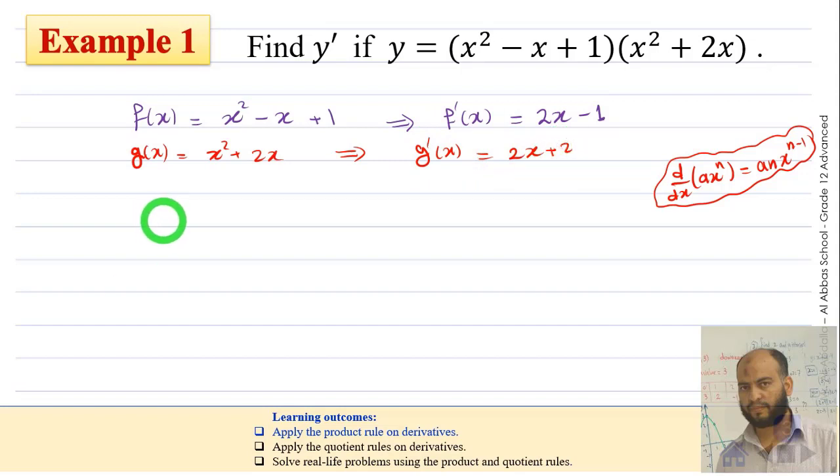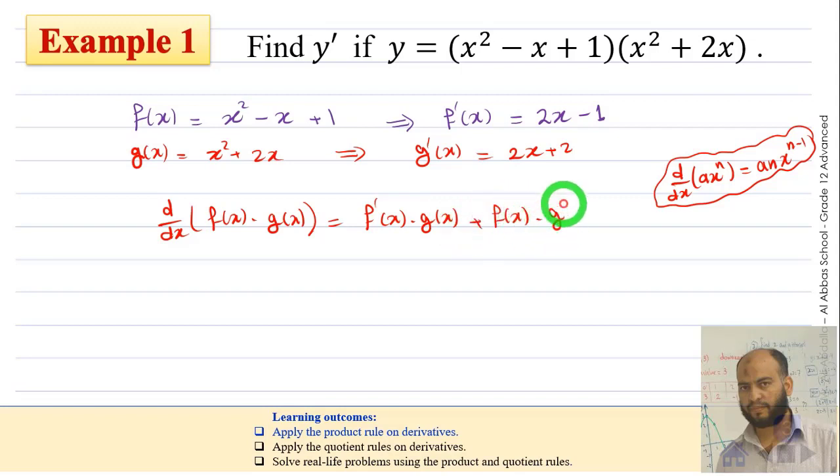Product rule says d by dx of f of x times g of x equals f prime x times g of x plus f of x times g prime of x.